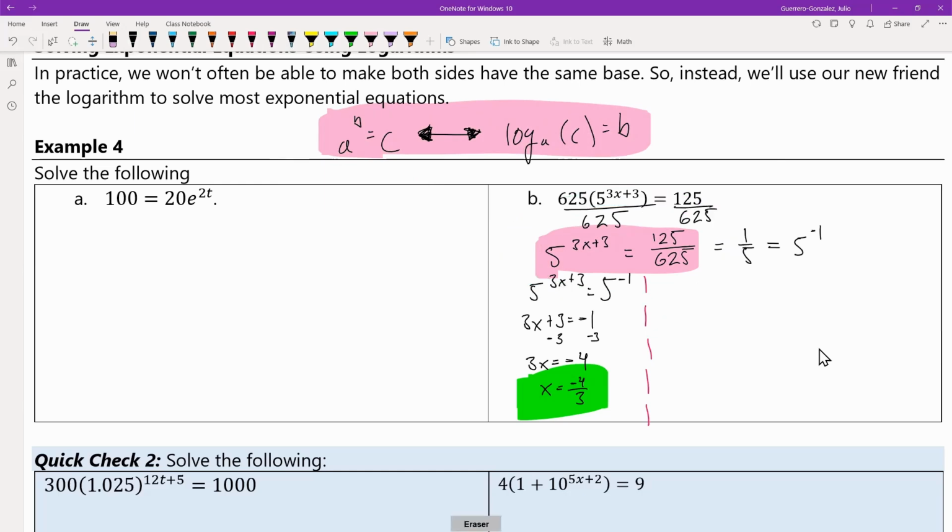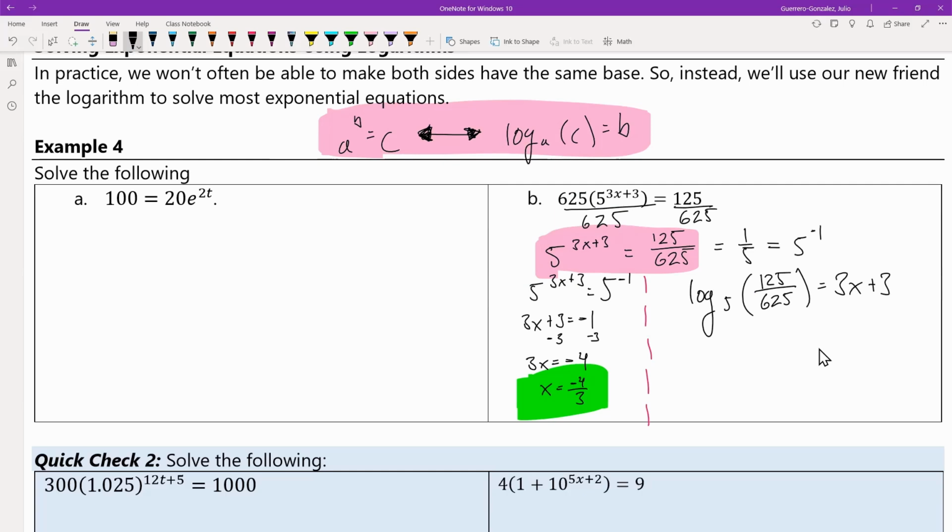So I can rewrite this as log base 5 of 125 over 625 is equal to 3x plus 3. So if you follow along, I grabbed the left-hand side of my exponential equation and turned it into the equivalent logarithmic version. From here, you do the exact same thing.